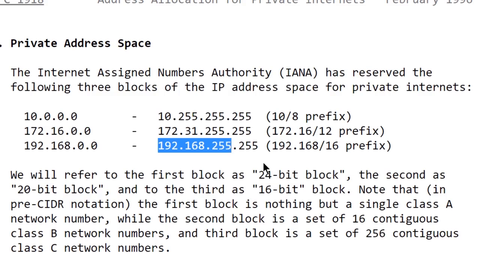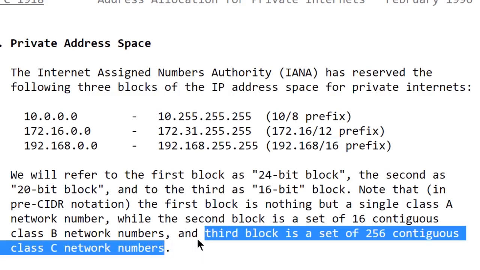192.168.255. Now, some people get a little confused with this because they see the /16 prefix and they think a double 255 subnet mask, which makes you think Class B. But no, this is just a 16-bit block. That's what it is. And so, like it says here, the third block is a set of 256 contiguous Class C network numbers.